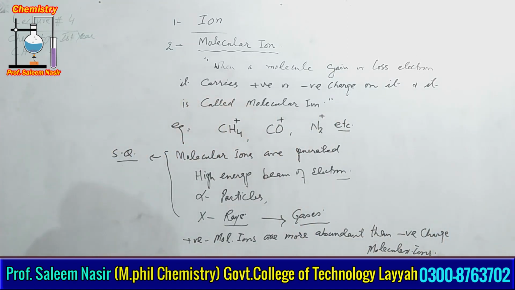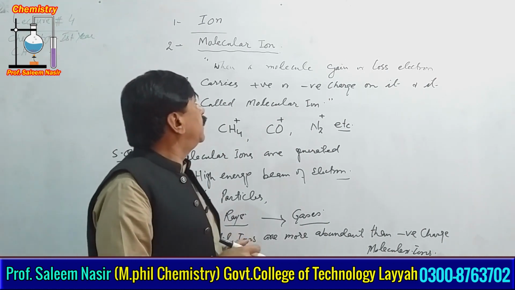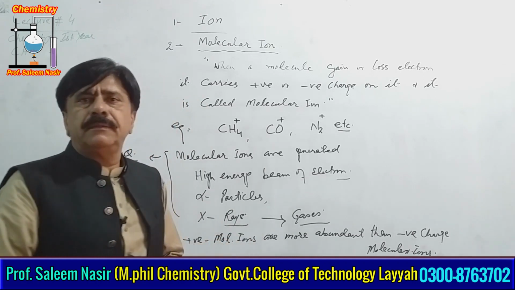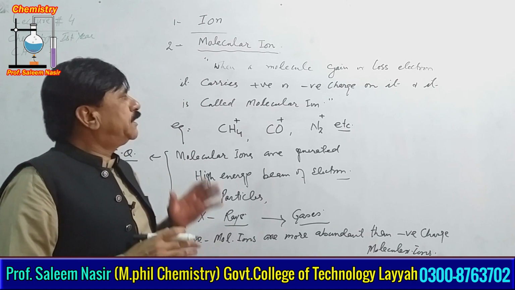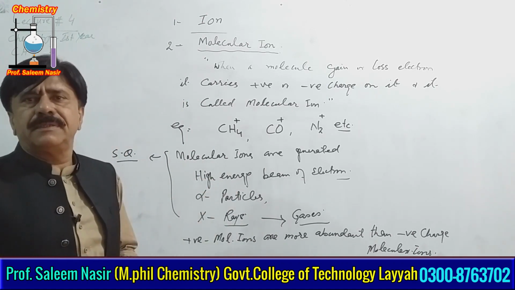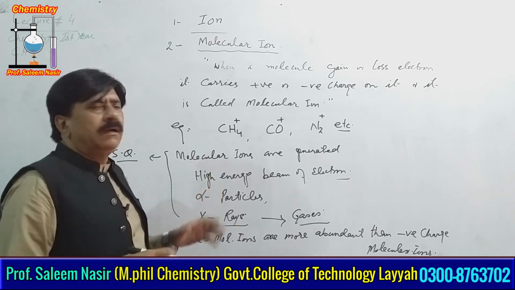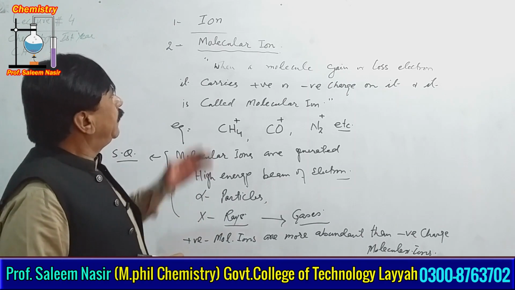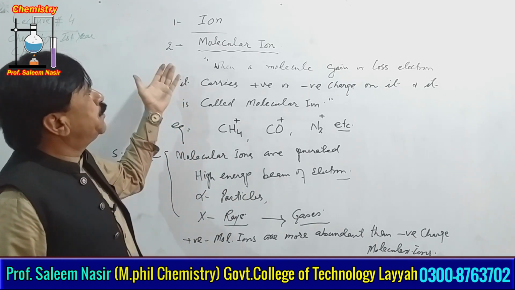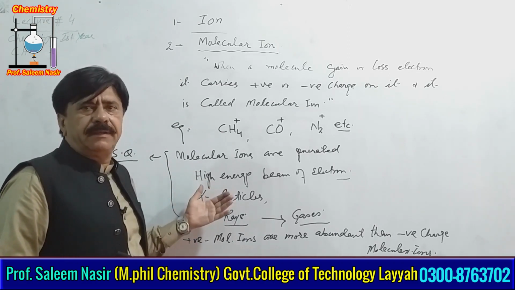That is the simple explanation for the molecular ion, and that is only a limited scope of our syllabus. So only one or two short questions are asked on that topic: what is a molecular ion, and how molecular ions are generated.